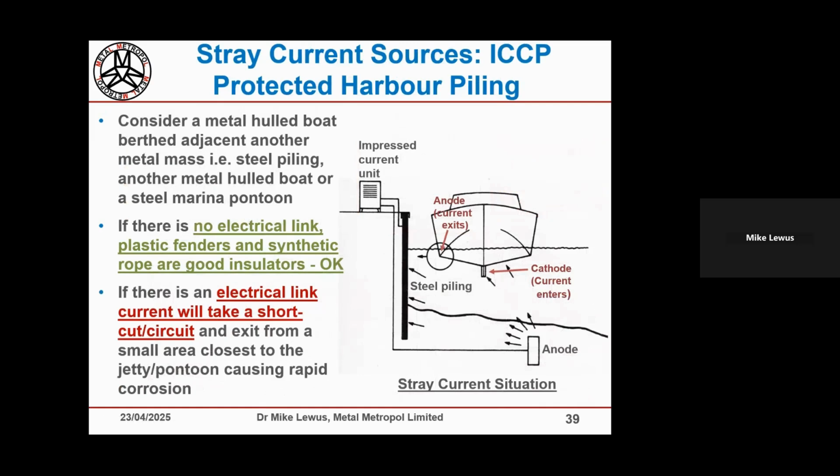Continuing to look at sources of stray current, the other situation is where we may have a connection between a boat and an electrical link, and we've got something like an impressed current cathodic protection system, an ICCP system, in a harbour or marina, designed to protect the piling adjacent to boats or bigger vessels that are docked.